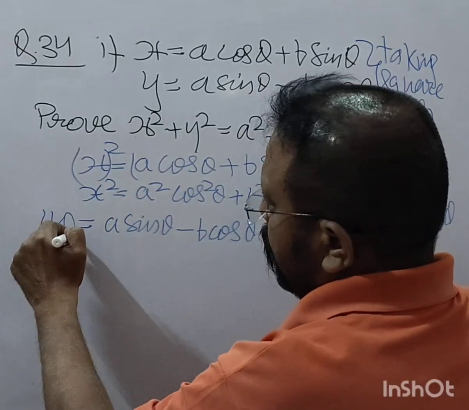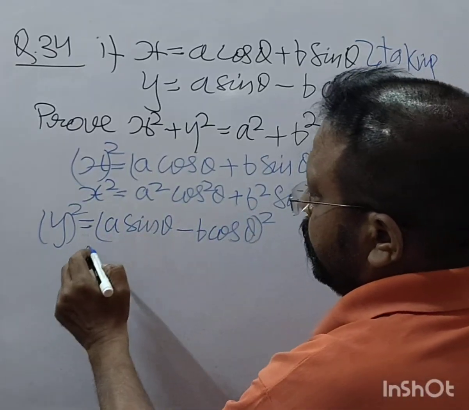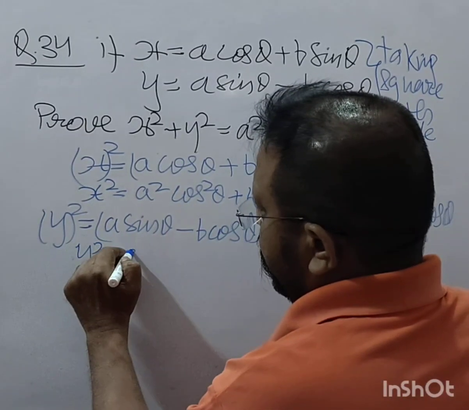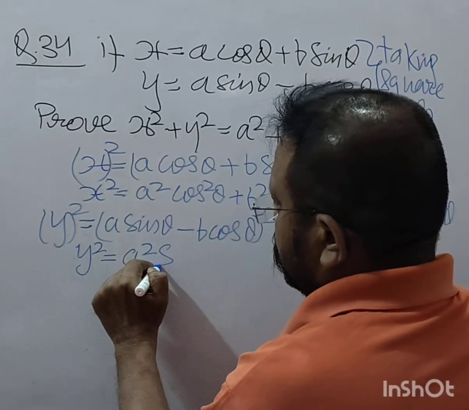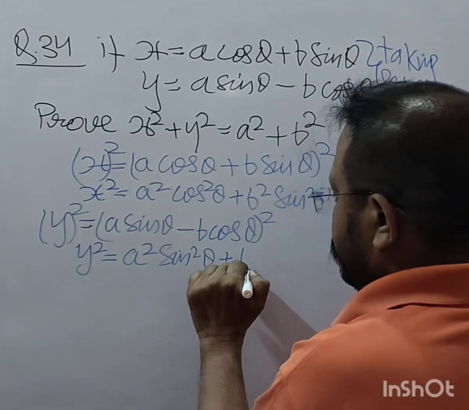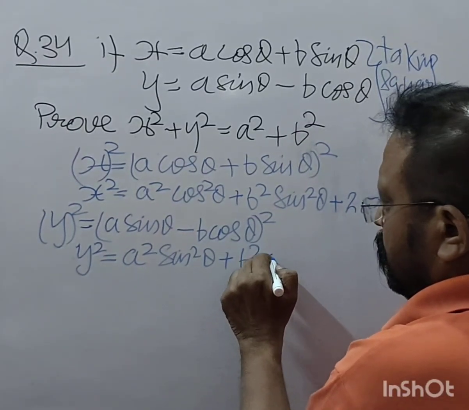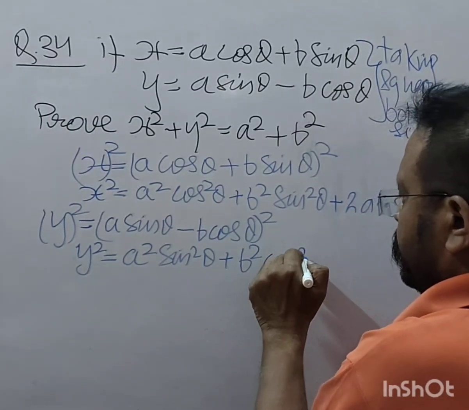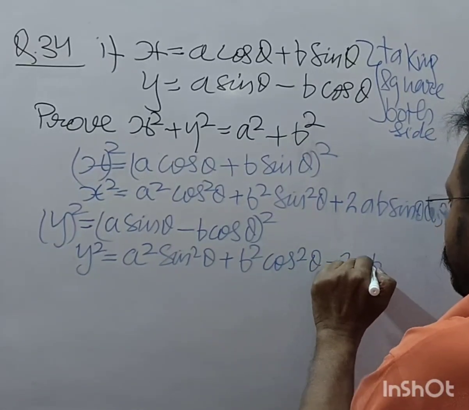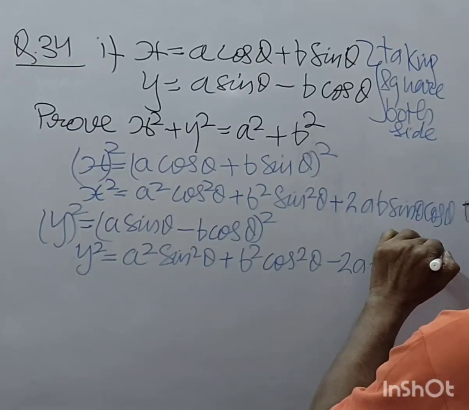So taking square both sides, y square is equal to a square sin square theta plus b square cos square theta minus 2ab sin theta cos theta.